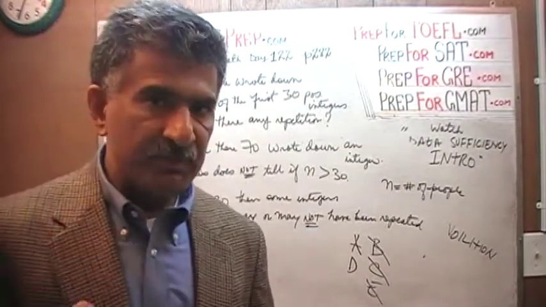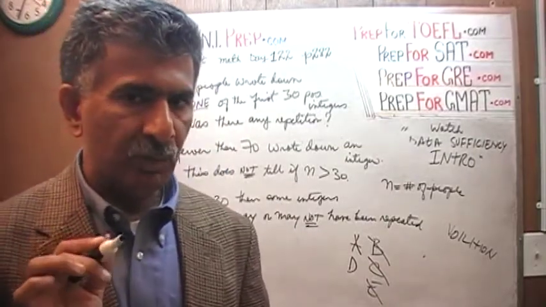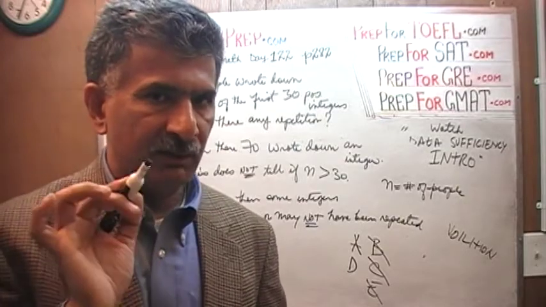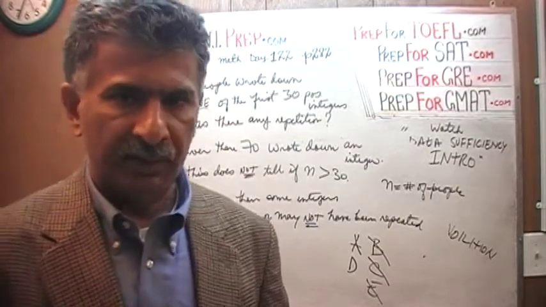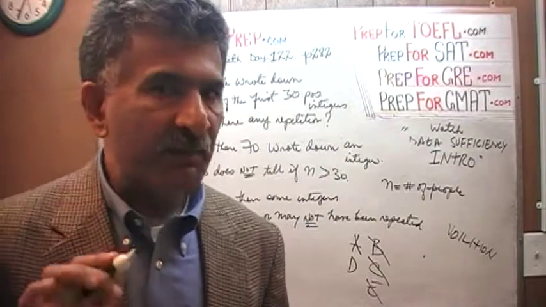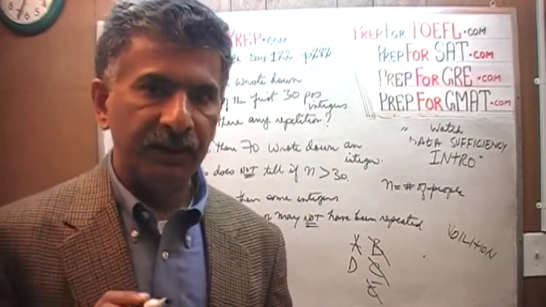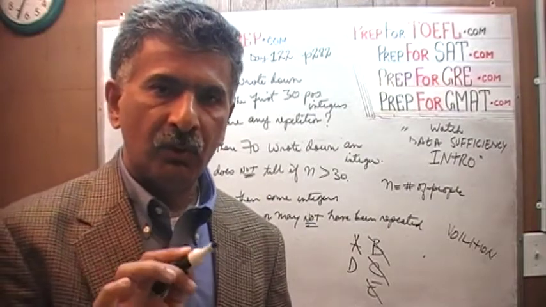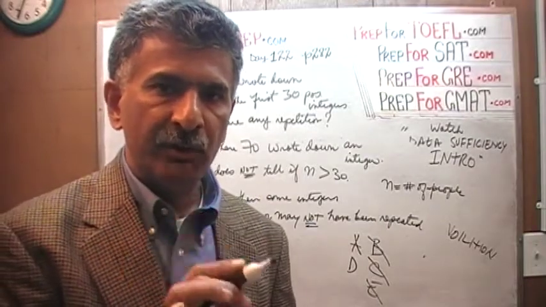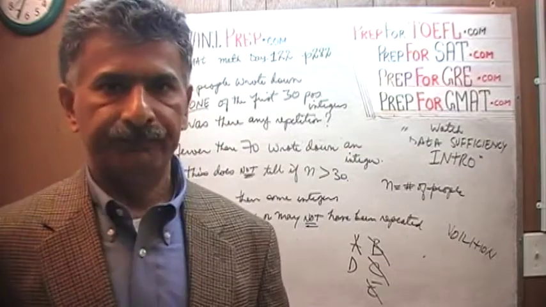If there are 30 people writing one integer, you told them to write one integer from 1 through 30, and they're writing it of their own volition, of their own free will, they're not told what to write, it is quite possible in theory, even though highly unlikely, that all of those 30 people wrote a distinct, unique integer from 1 through 30.